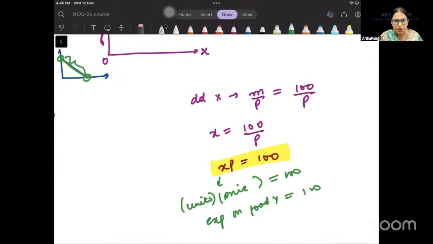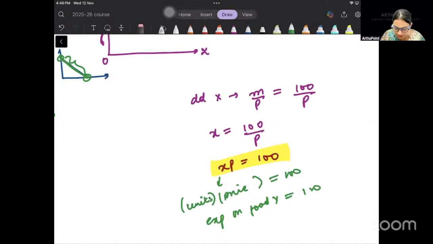Now tell me, when we have fixed expenditure on a commodity, what is the elasticity of demand? If expenditure is fixed, what is the elasticity of demand? Unit elastic. Absolutely, it's 1.